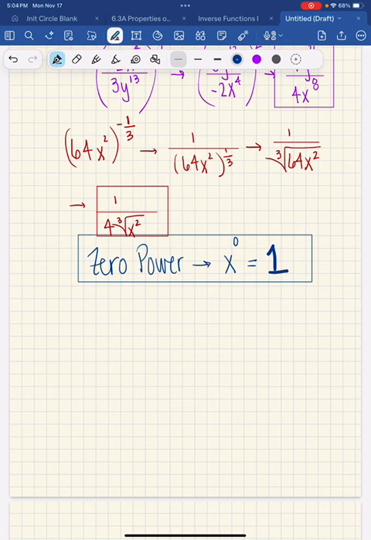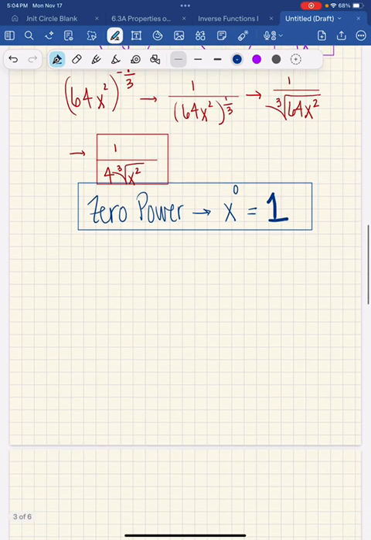Okay, let's do another one here. Let's do the 5th root of x to the 30th, y to the 32nd. Essentially, you're dividing exponents.